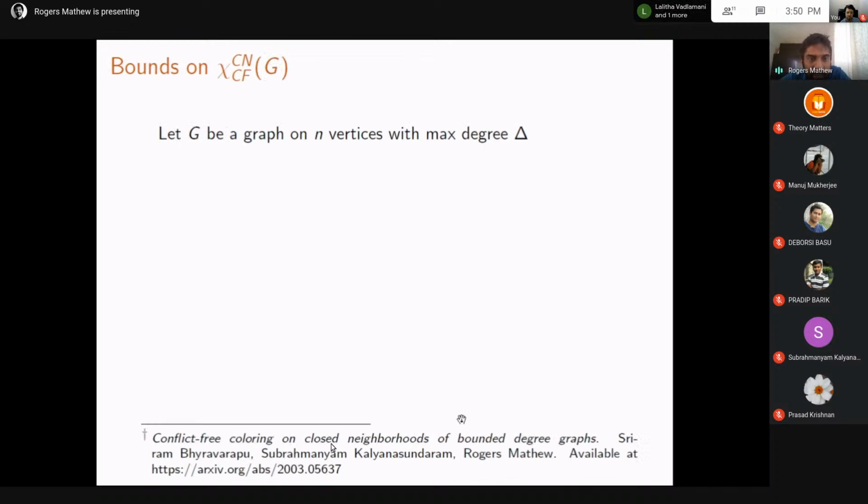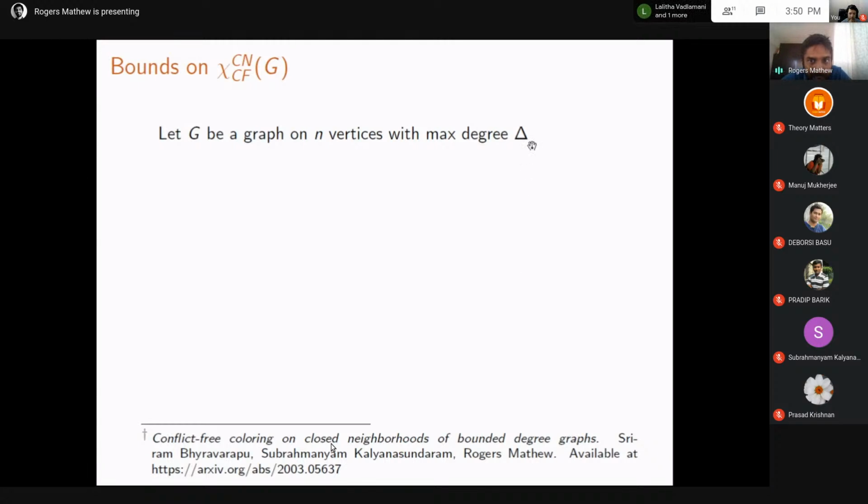Okay, so let's look at some results in the direction of the result that we are going to talk about in this talk. Consider a graph on n vertices and with maximum degree delta. The degree of a vertex is the number of neighbors it has in that graph, and maximum degree is the maximum over all vertices of the degree of that vertex.